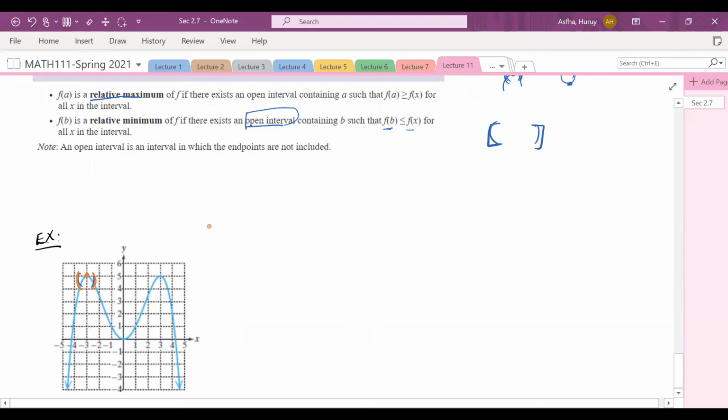And this point is at x equals -3. This is the location of a local maximum, sorry, a relative maximum. The value of this relative maximum is f of -3, which is 5.